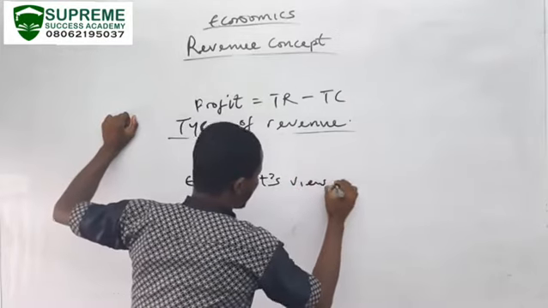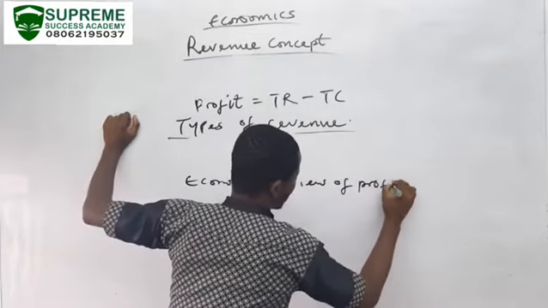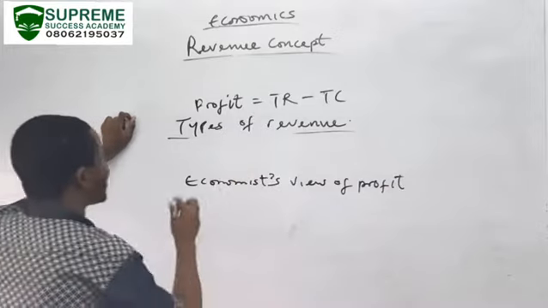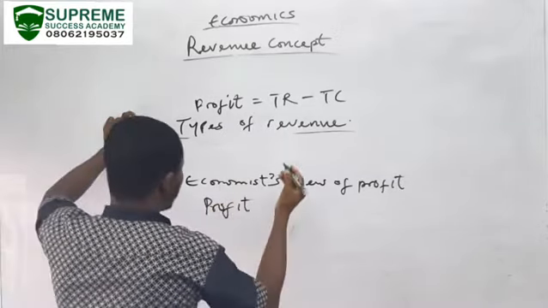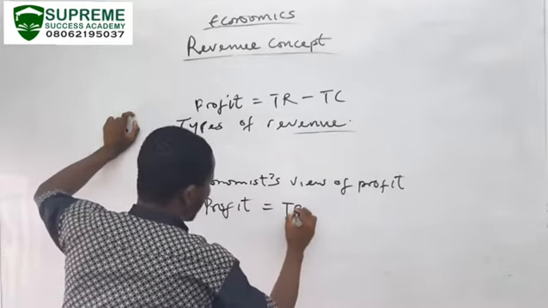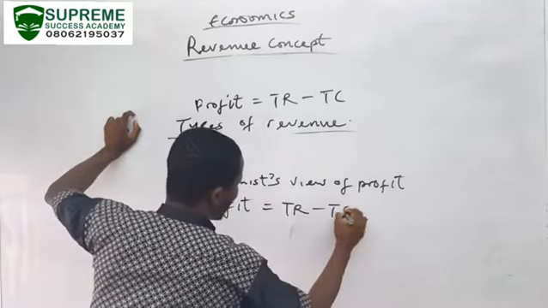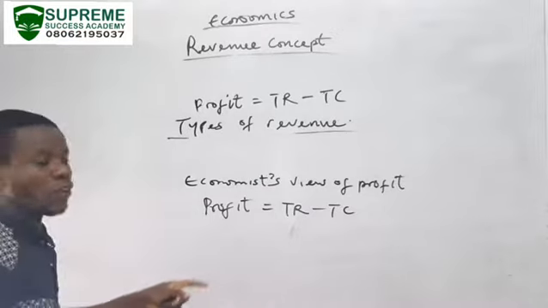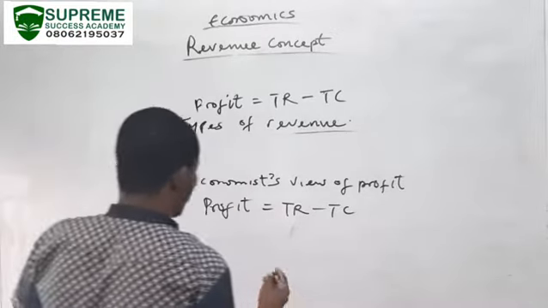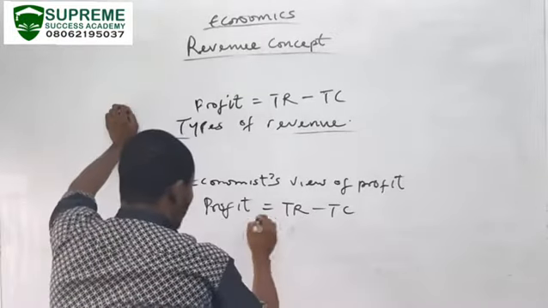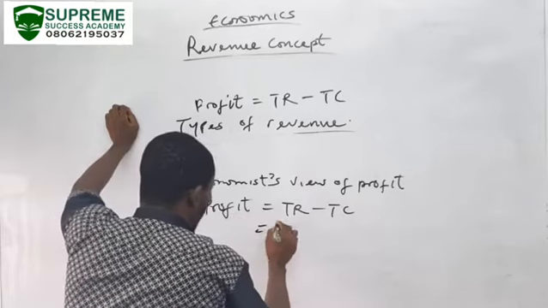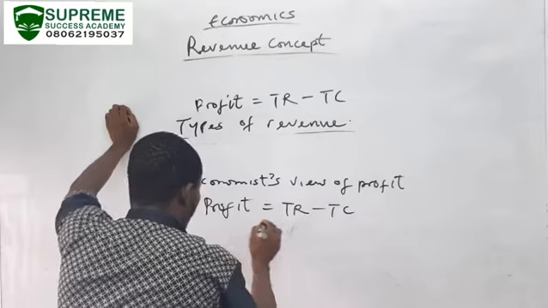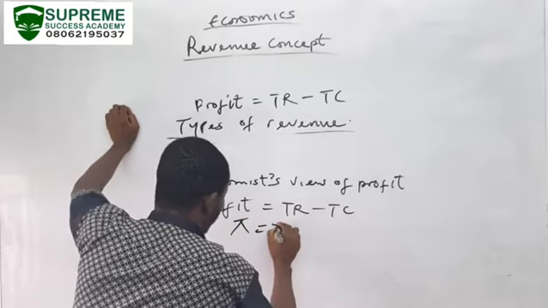So the second one is the economist's view of profit. Remember that profit is just the difference between total revenue and total cost. Take note of this: it usually presents itself in three ways.